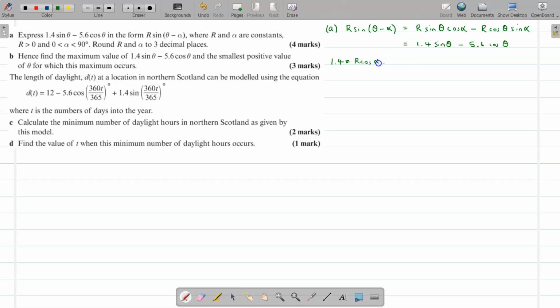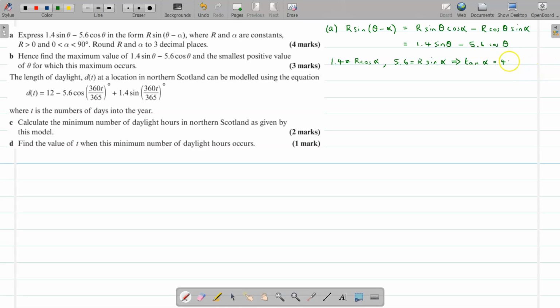And also 5.6 is the same as r sine alpha. Because sine alpha over cos alpha is tan alpha, and the r's cancel, I can conclude that tan of alpha must therefore be 5.6 over 1.4, which is exactly 4.